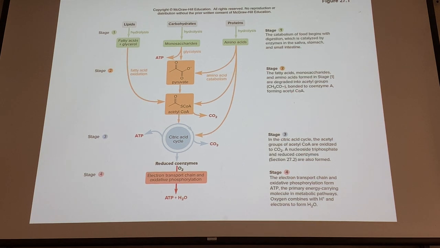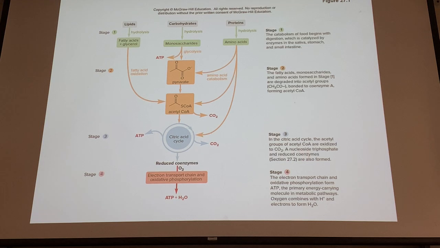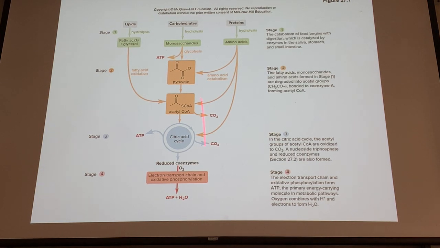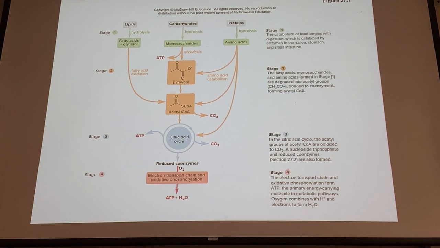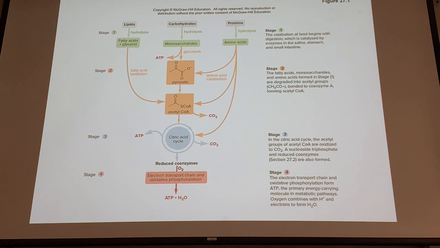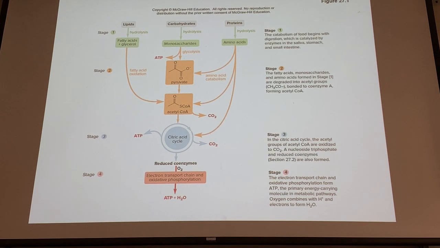And then in the second stage, each of these monomers is going to get transformed into a common species, namely acetyl coenzyme A. So all three of these types of biomolecules that you ingest in your diet are going to ultimately get turned into acetyl coenzyme A. In the case of carbohydrate metabolism and amino acid metabolism, pyruvate is formed first. Pyruvate can be turned into a variety of things, but acetyl coenzyme A is the most common one.